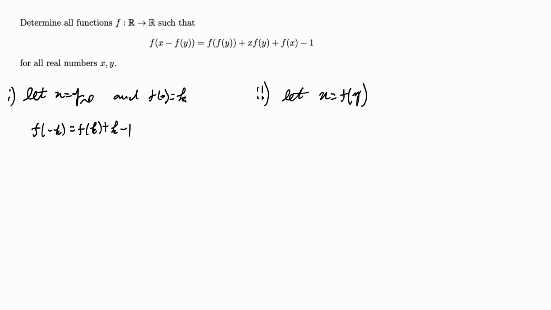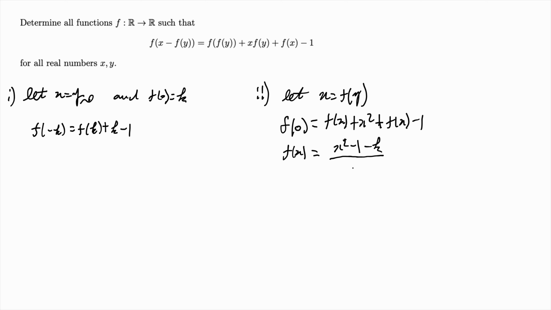Then we have f of 0 equals f of x plus x squared plus f of x minus 1. And great, now we can write f of x equals x squared minus 1, and then this is k, minus k, by our definition, over 2.